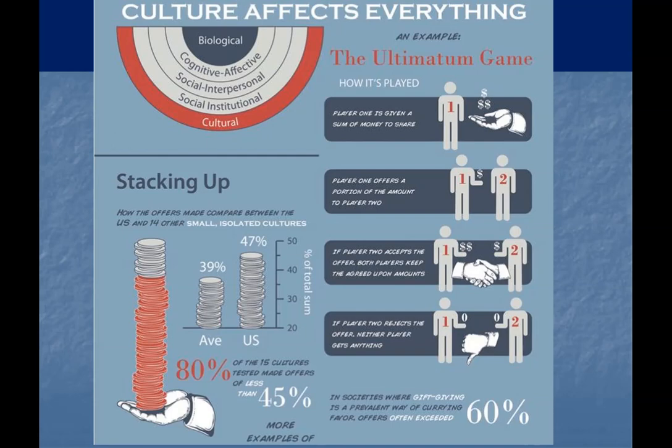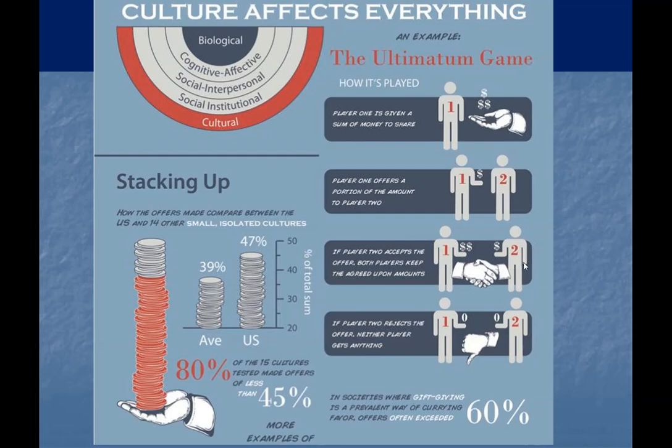Here's the thing though. The way the ultimatum game works, the second player has to choose: do I accept the offer or do I reject the offer? If the second player accepts the offer, if they think it's reasonable enough, then both people get to keep that money. So let's say player one offered a 66%, 33% split, where they keep $66, the other person gets $33 or $34, the rest of the money.